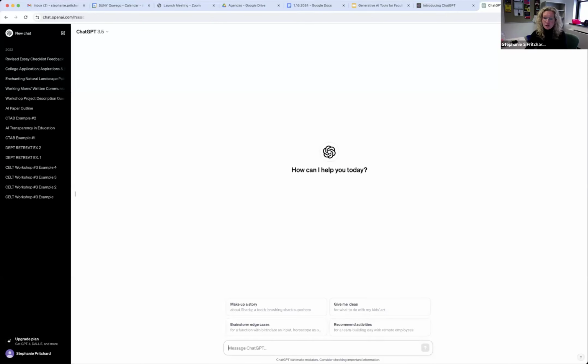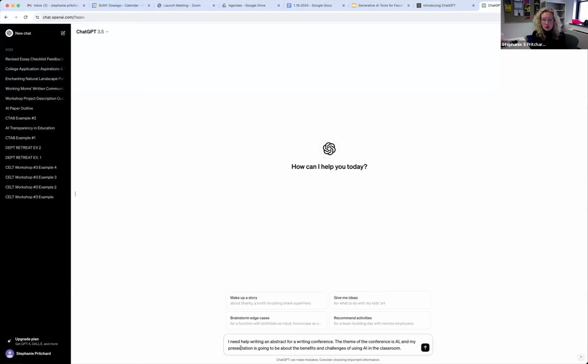Okay, I switched over. Can everybody see this? Awesome. So what I'm going to do is copy and paste that prompt right into ChatGPT, and let's see what it does.